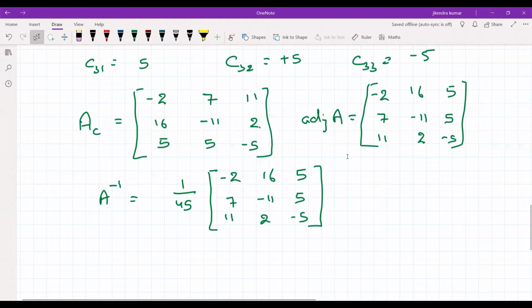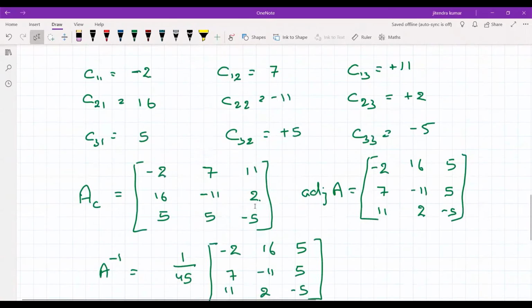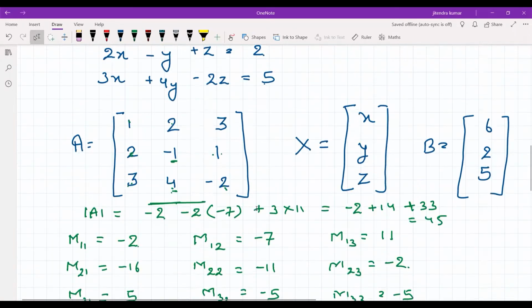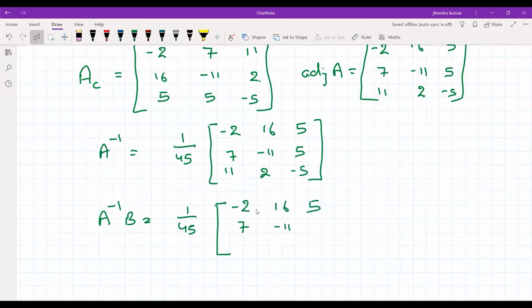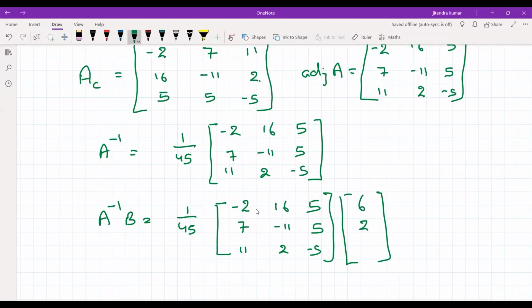Now in the next step, we have to multiply A inverse by B. Okay, so you can just multiply it. I think we can keep 1 by 45 outside and just multiply these two first, and this will get multiplied by B, and B is here 6, 2, 5.